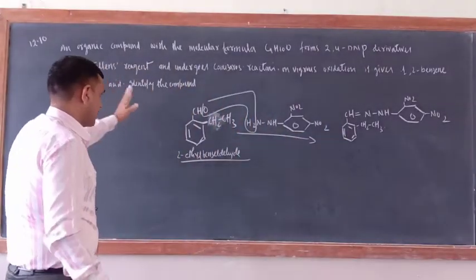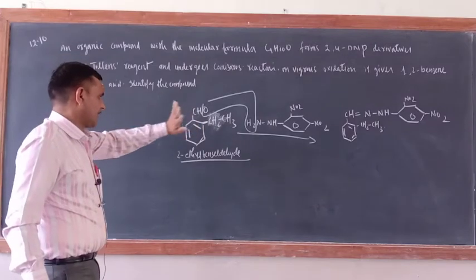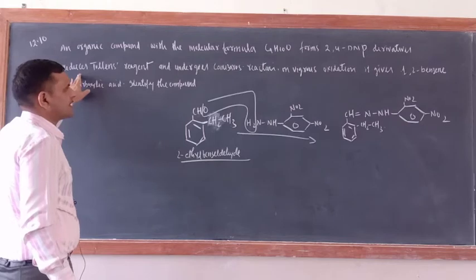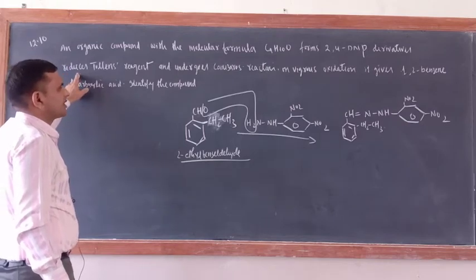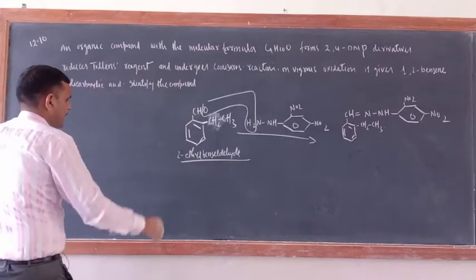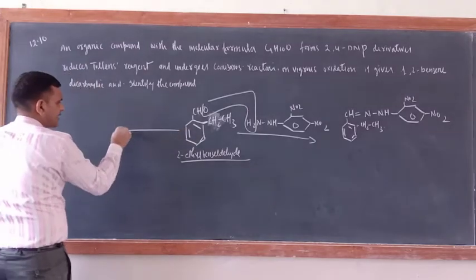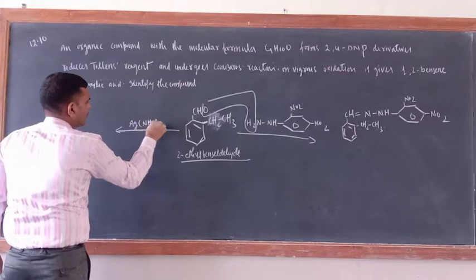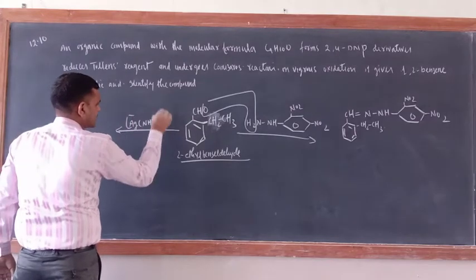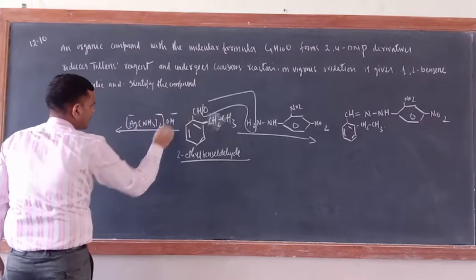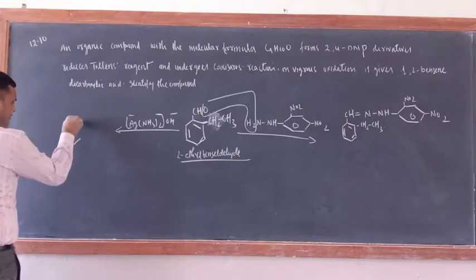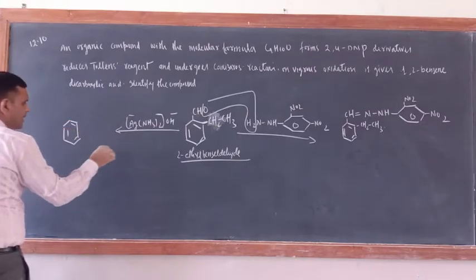Next one, it does not give the Cannizzaro reaction because an alpha hydrogen atom is not there. Next one, it is telling reduces Tollens reagent. So just see, Tollens reagent. What is the formula? [Ag(NH3)2]+ OH-. So what would be there?